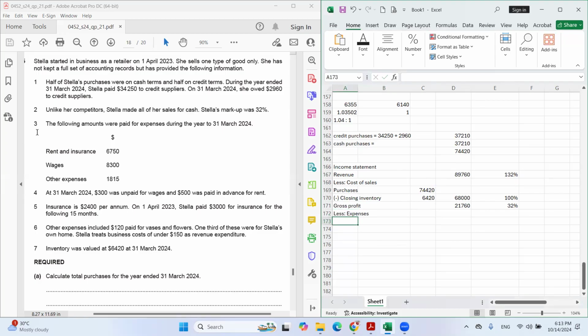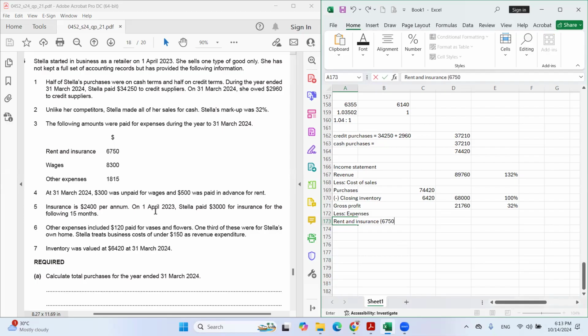Our expenses from the top here have three items: rent and insurance, but they all got adjustment. So what is the information? We pay 6,750. And then they say insurance 2004 per annum. On 1st April, Stella paid 3,000 for the insurance.